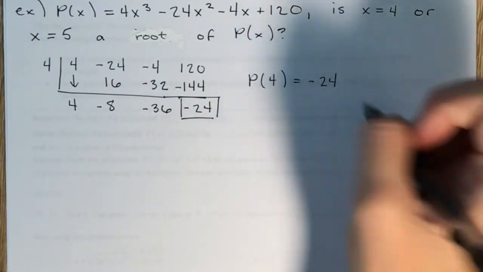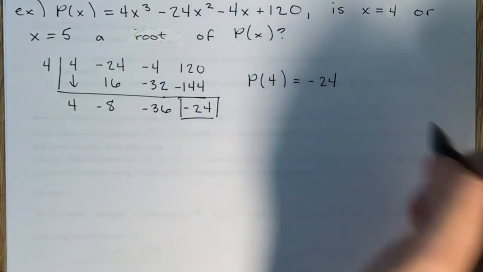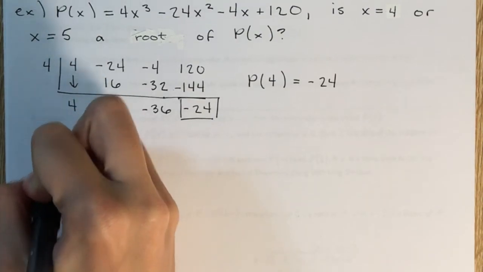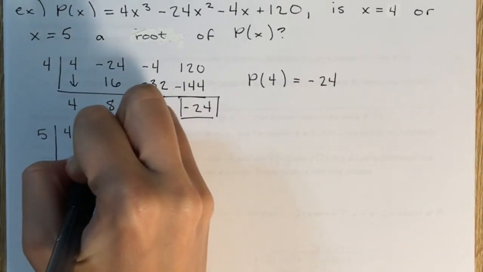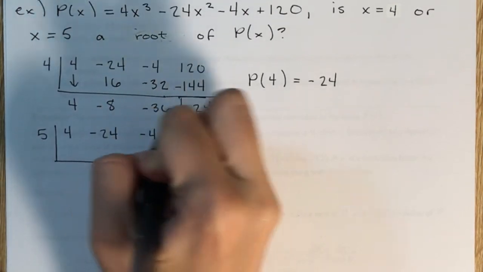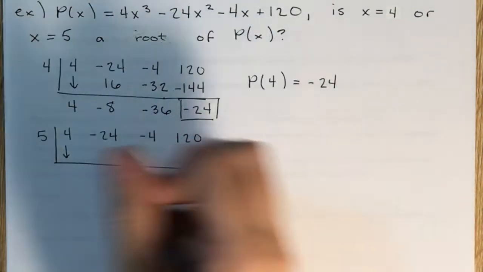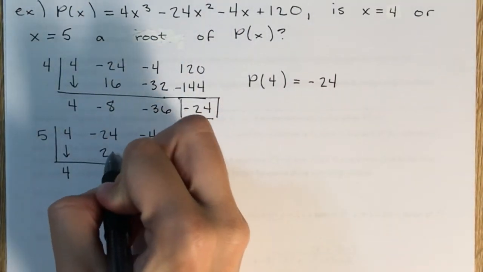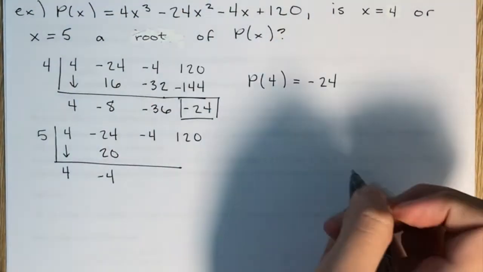Negative 24 means that p of 4 equals negative 24. Negative 24 is definitely not 0, so this is not a root, right? So 4 is not a root. Let's try 5. So we've got 4, negative 24, negative 4, and 120. We bring that leading coefficient down. We multiply, we get 20. We add these up, we get negative 4.